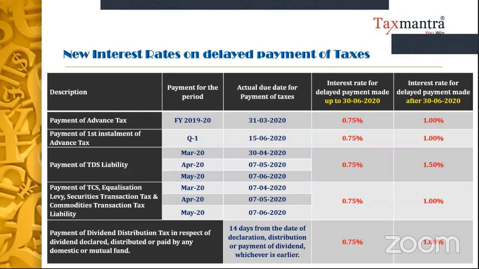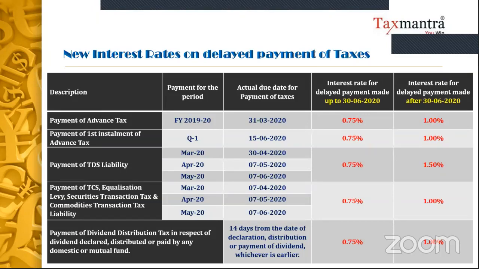In case of TDS monthly payment, for the month of March the due date was 30th of April. For the month of April, the due date is 7th of May. For the month of May, the due date would be 7th of June.